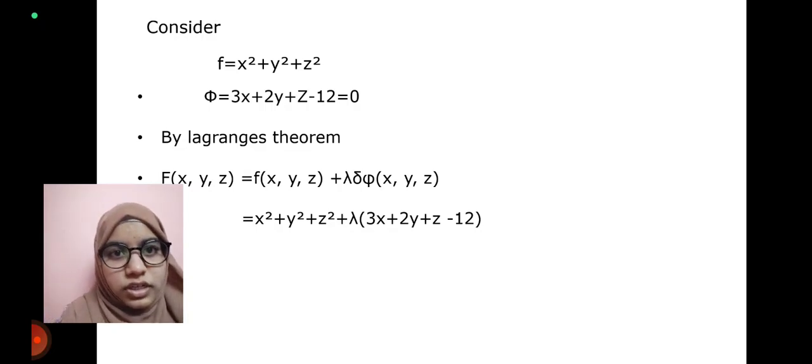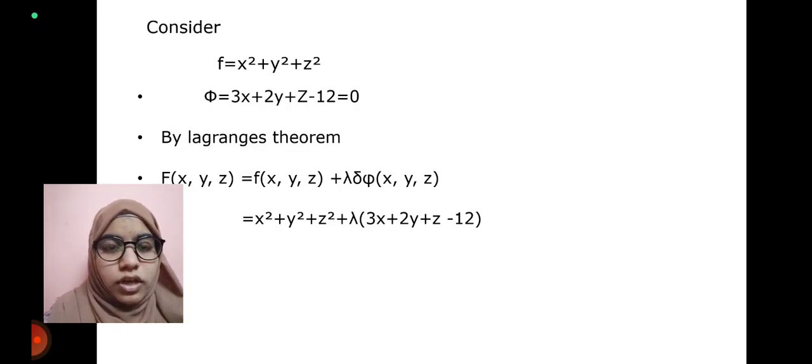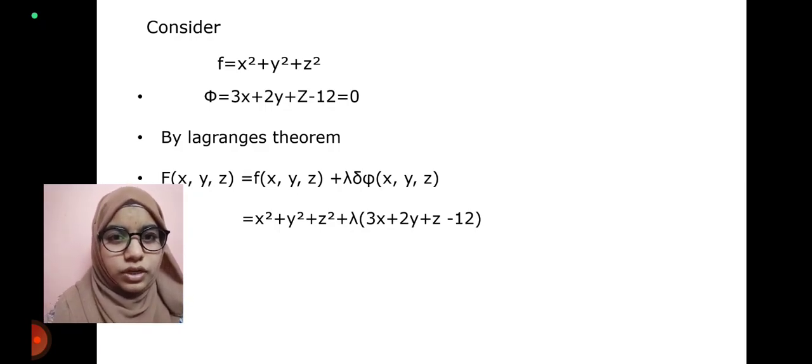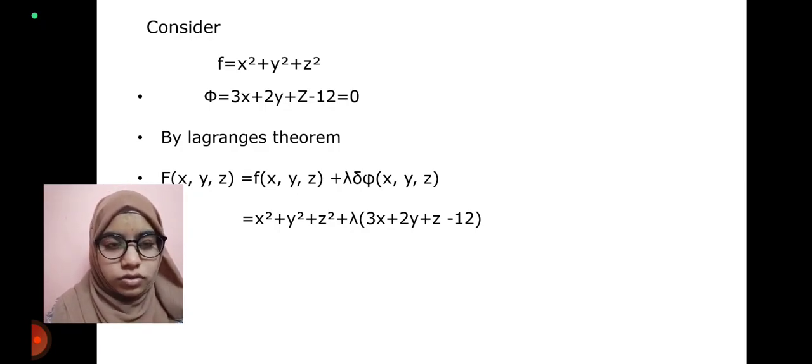From Lagrange's theorem, F of x, y, z equals f of x, y, z plus lambda phi of x, y, z. That implies x square plus y square plus z square plus lambda times (3x plus 2y plus z minus 12) equals 0.